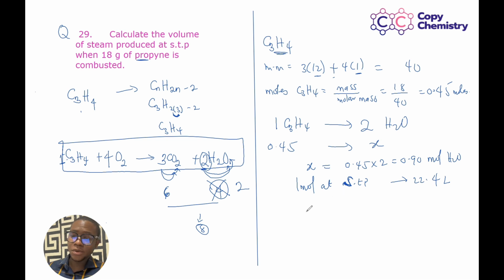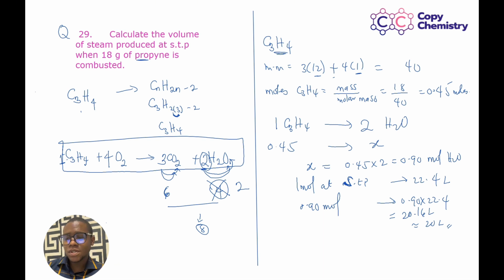So it means that 0.90 mole of the same gas at s.t.p. would be 0.90 times 22.4, and that would give us 20.16 liters, or you can say 20 liters. Yeah, we'll do that. And that is our answer to the question.